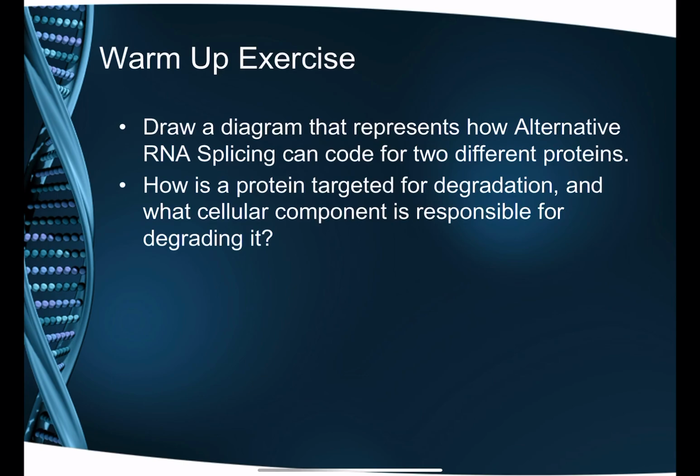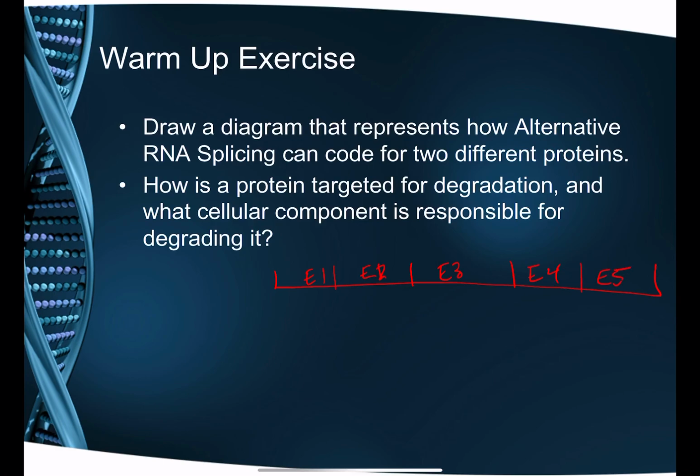You should be able to draw a diagram that represents how alternative RNA splicing can code for two different proteins. So if this is our gene here, you have exons, so we'll call it exon 1, exon 2, exon 3, exon 4, exon 5.